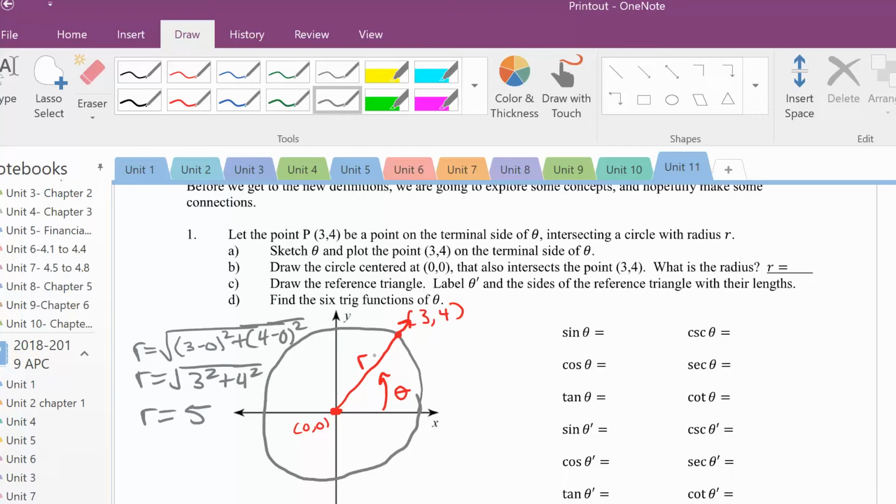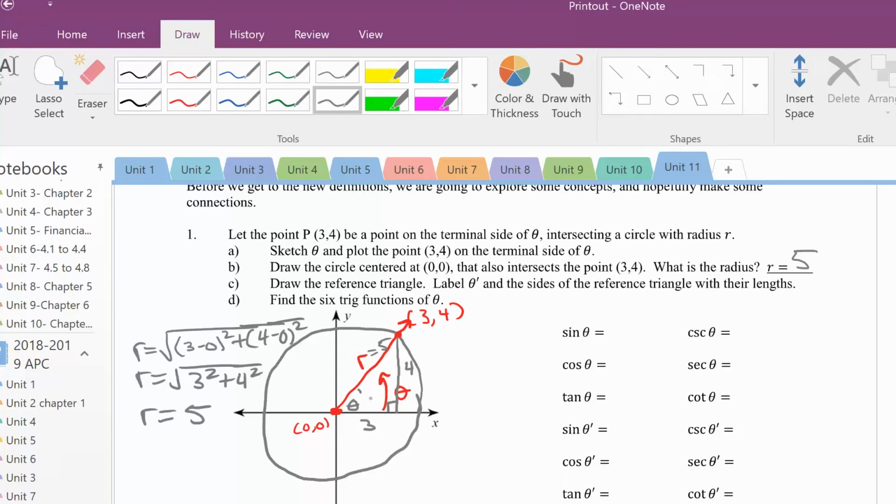And if you draw the reference triangle right here, here's your reference triangle. Label theta prime, the reference angle, right here. And the sides of the reference triangle, well, this side here is 3, and this side here is 4. It says find the 6 trigonometric functions of theta.